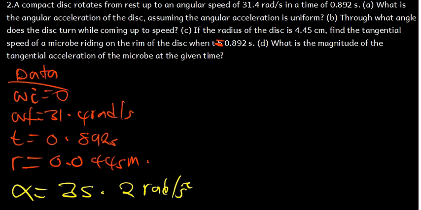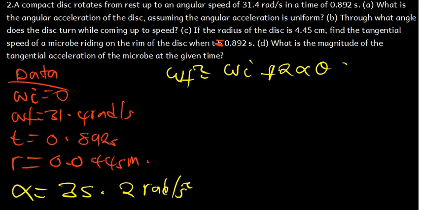Given the information which you have here, how can we find it? We can find the angular displacement using the third formula: the final angular velocity squared is equal to the initial squared plus 2 alpha theta. Our goal is to find theta.